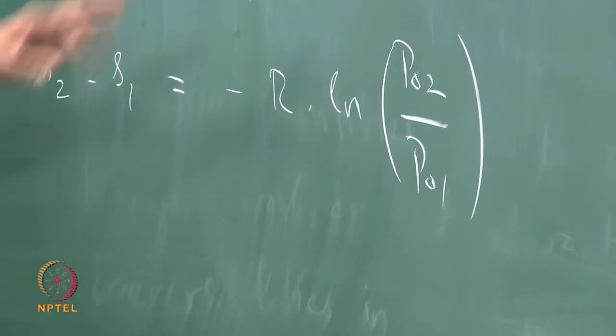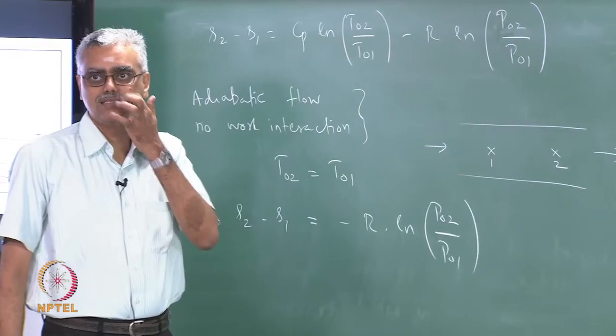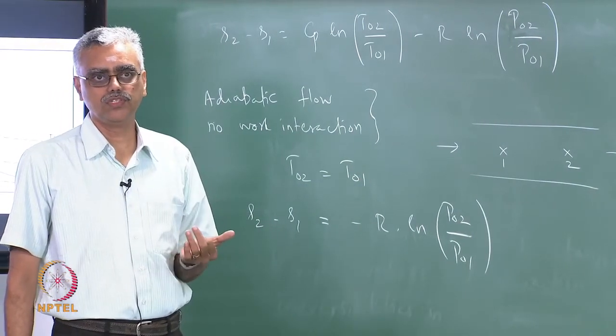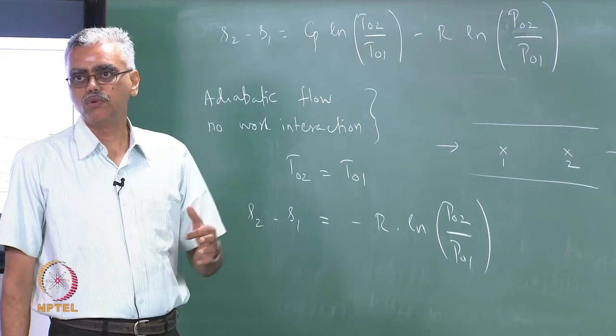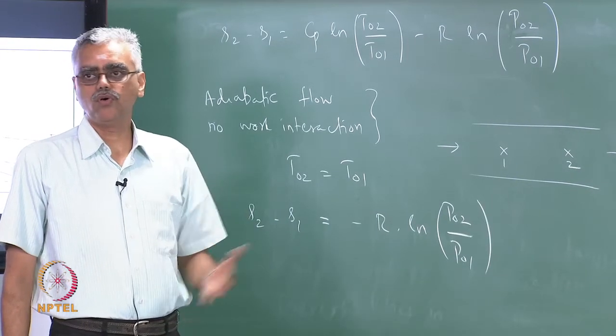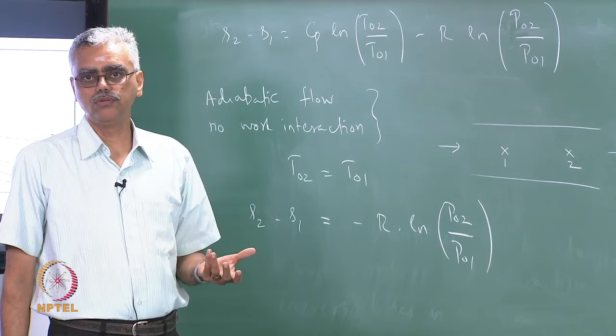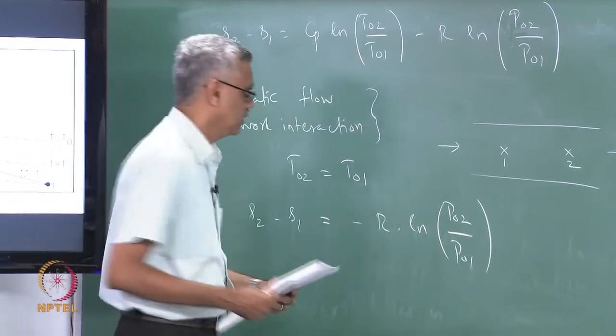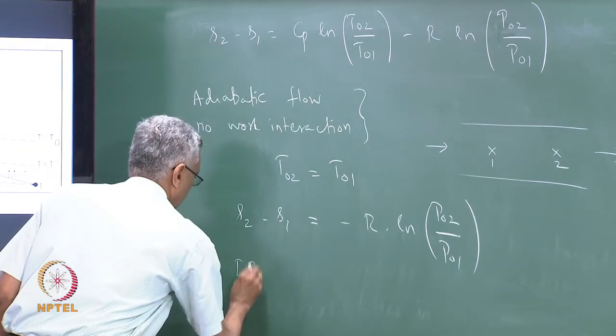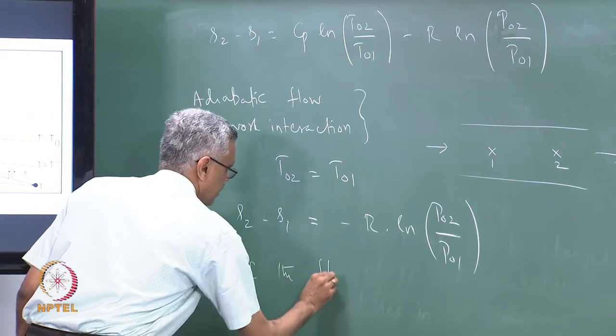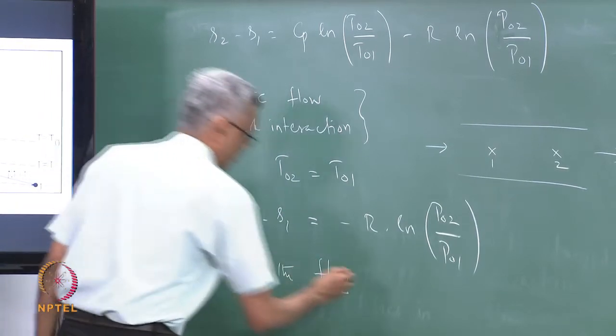Now, if the flow between 1 and 2 is isentropic, meaning there are no irreversibilities, then S2 is equal to S1, and so it follows that P02 is equal to P01, correct? So if the flow, remember here the important thing is I am saying if the flow is isentropic.